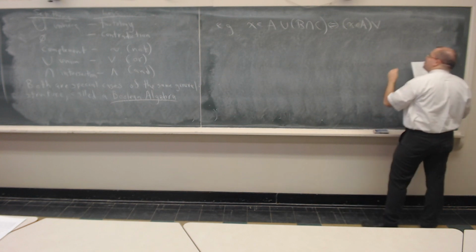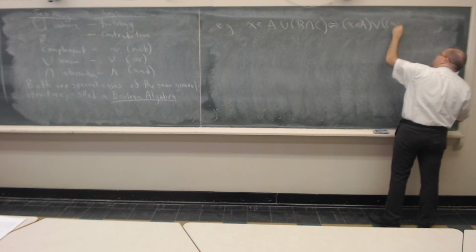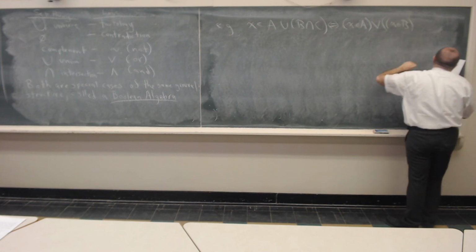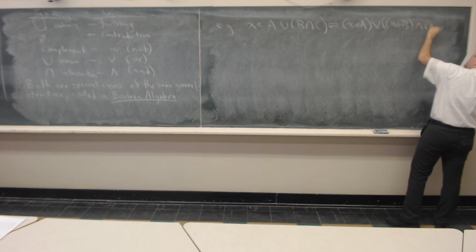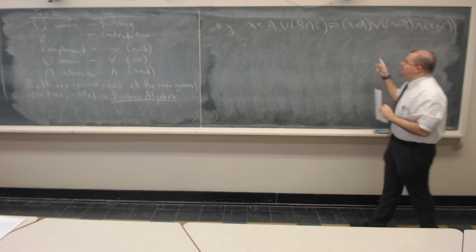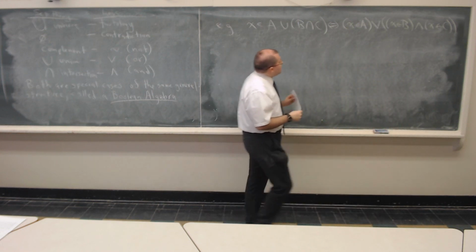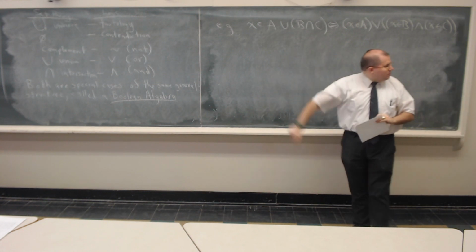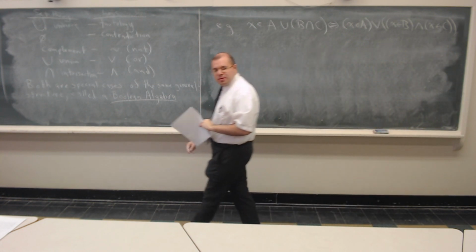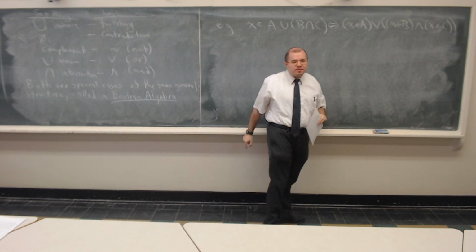So I put or there. And then I have X is in B. And X is in C. Look at this. So you'll notice that if this statement is true, then that one has to be true, right? Likewise, if this one is false, that one is false.